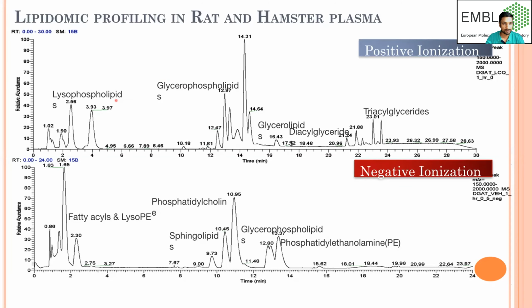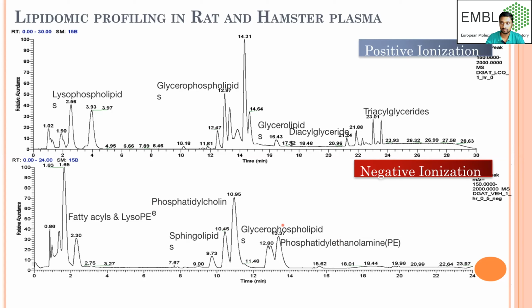As you can see, the lipids are well distributed across the retention time. You first detect mainly the lysolipids, and the glycerolipids, the triglycerides and diglycerides, come at the end. Similarly, in negative mode, you detect different lipids, which are mainly fatty acids. Sphingomyelins come later, and the higher chain lipids come at the end. So this gives you an overview of whether my data is okay or not.